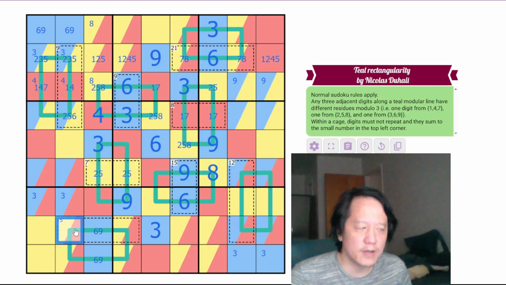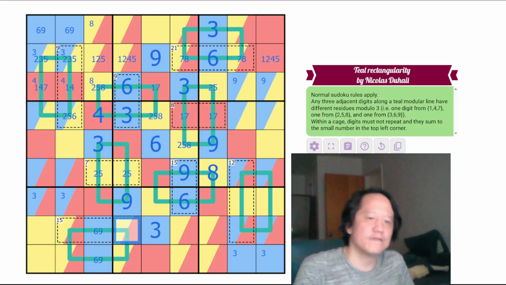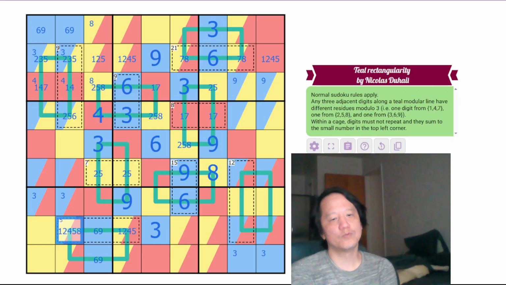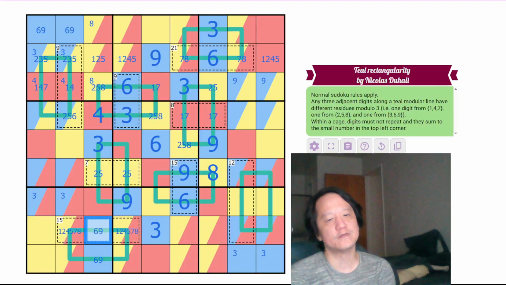So we have 9 with 1 or 5, or 9 with 2 or 4, or 6 with 1 and 8, 2 or 7, or 4 or 5. So that's pretty broad.